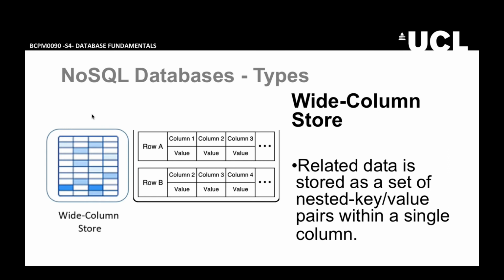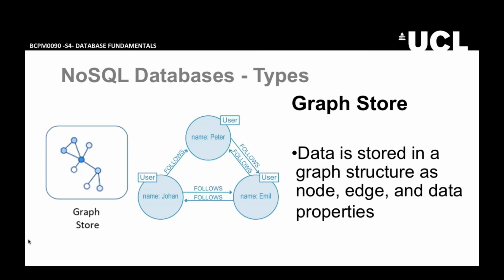The third type of NoSQL database is known as wide column store, and the main characteristic is that the related data is stored as a set of nested key value pairs within a single column. And the last type of NoSQL database is the graph store.